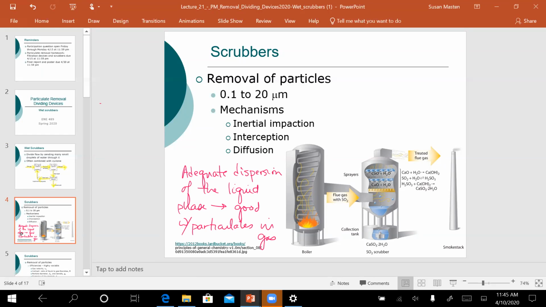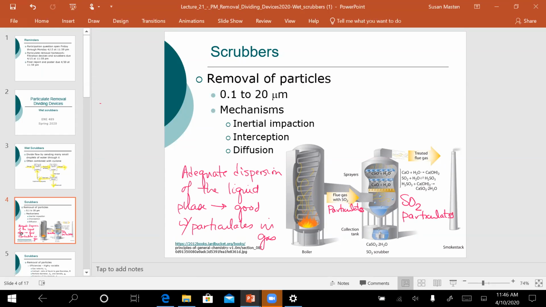So shown here, we have a boiler, we have the gas stream. It's a combustion process where typically we'll have particulates, so we have some level of particulates. In this case, what this is actually showing is that we get both gas removal, so what we're removing here is SO2 and the particulates.